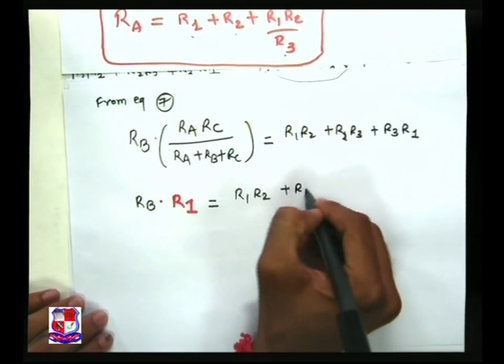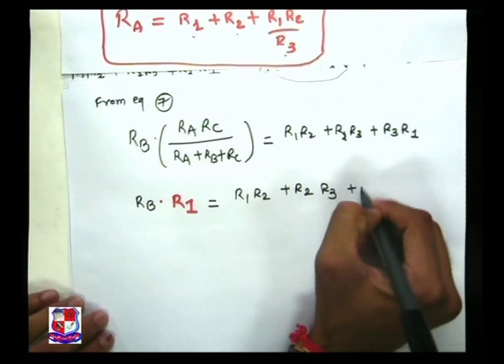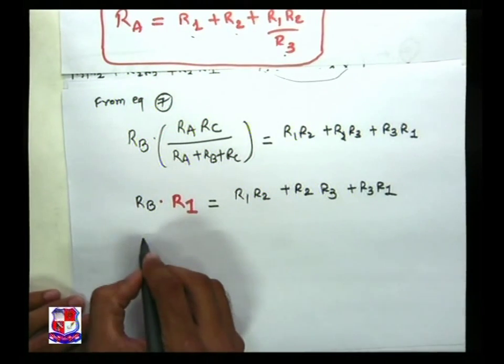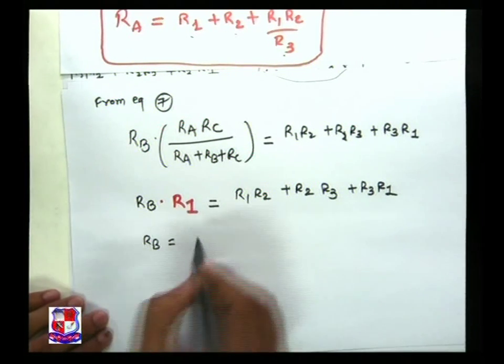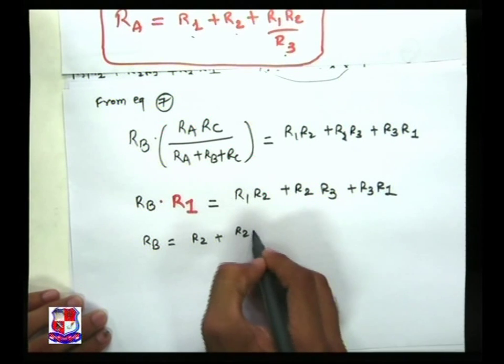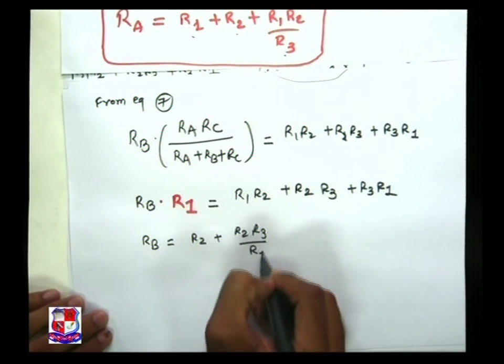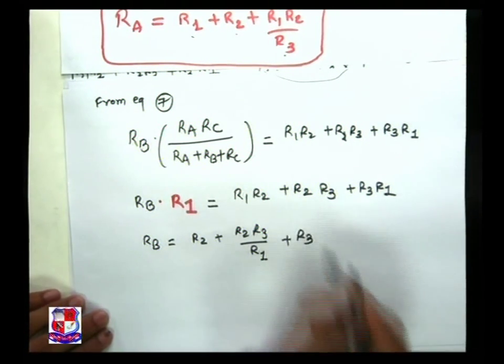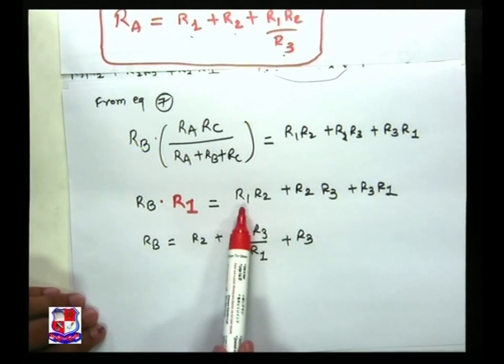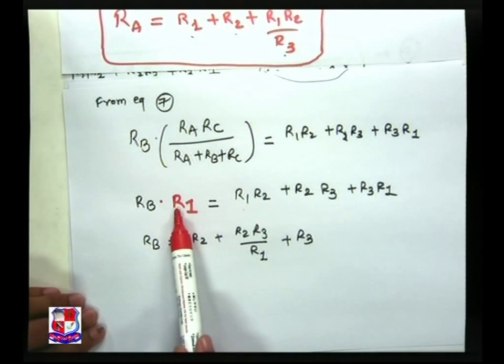Similarly the equation of RB becomes R2 plus R2 R3 upon R1 plus R3, because when R1 goes into the denominator, R1 will be cancelled.